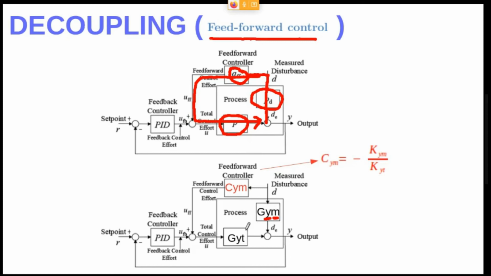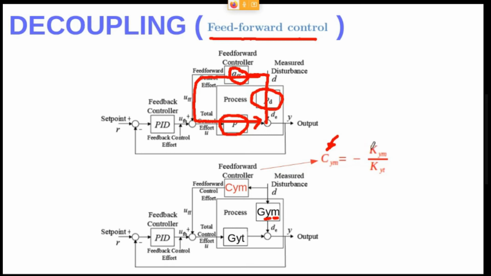This is the transfer function used when you control the yaw angle by means of the tail rotor. So the decoupler of the yaw angle from the main rotor will be calculated as follows.